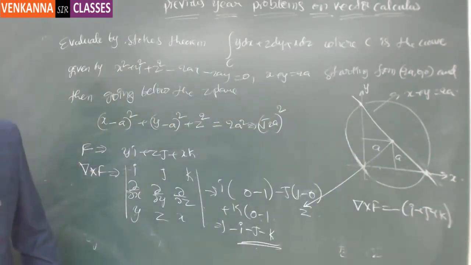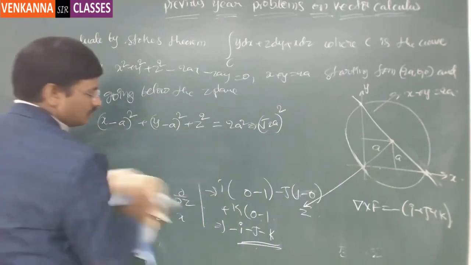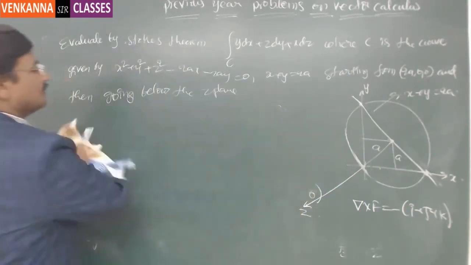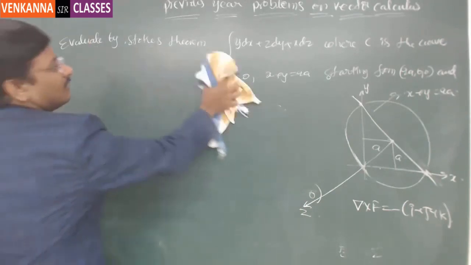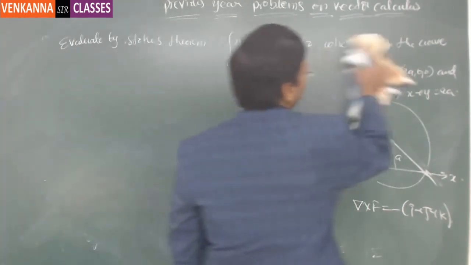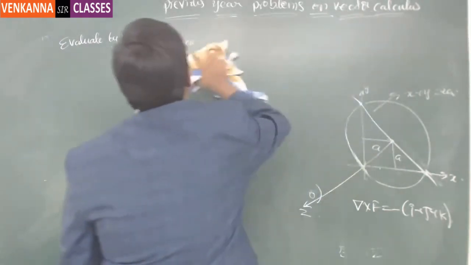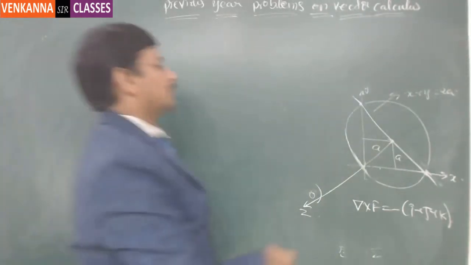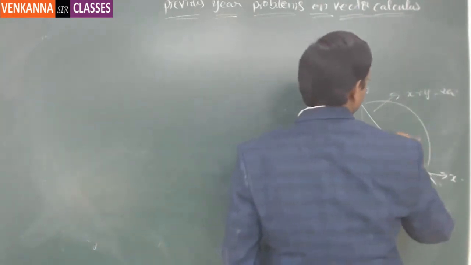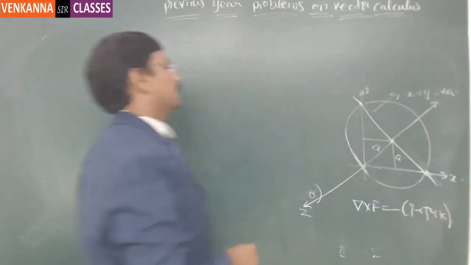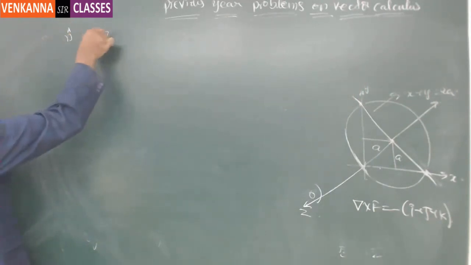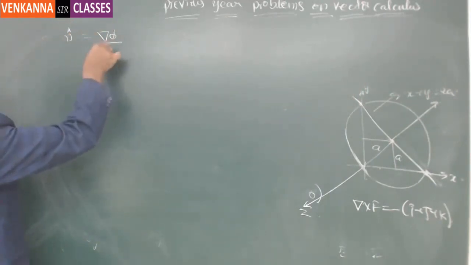Once you get the del cross F value, minus i minus j minus k, you can apply Stokes theorem, using the surface integral to find the line integral. So this plane is x plus y is equal to 2a. The normal vector to this particular surface goes this way. That normal you can find: n cap is equal to del phi by mod del phi.